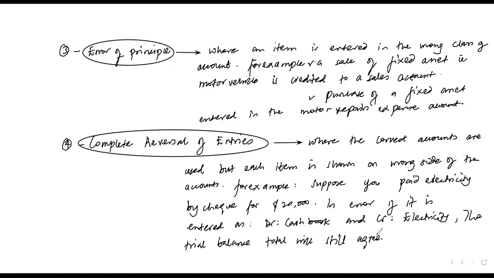Now the trial balance totals will still agree, but of course there is an error that has been made. Entries have been reversed. Those are the 4 errors that would not affect the trial balance agreement.